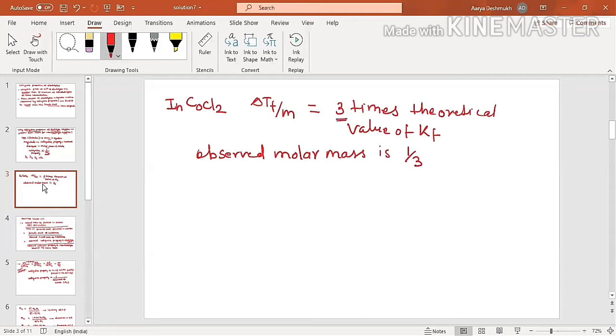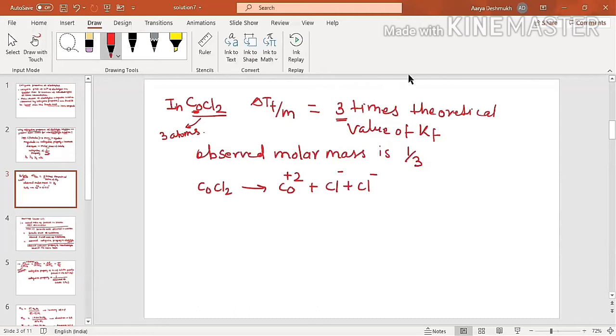Now, what is the reason for this? You can see here there is one cobalt atom and 2 chlorine atoms, so in total there are 3 atoms. When this cobalt chloride is dissolved in water, it ionizes as Co2+, Cl-, and Cl-.